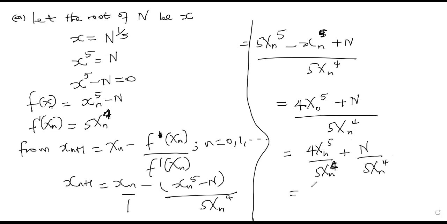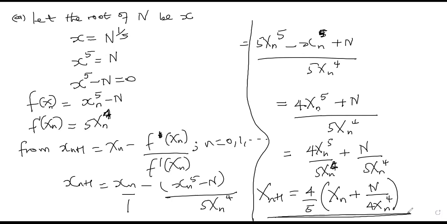So when you factorize out 4 over 5, you're going to be left with xn here plus n over 4xn to the power 4. And that is our Newton-Raphson formula. So this formula is what we are going to carry on to do other computations as required.